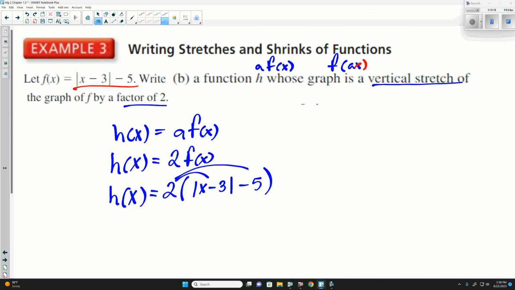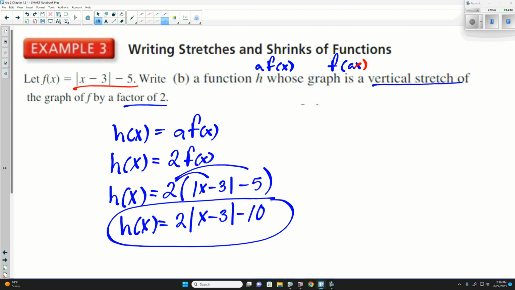Because instead of multiplying through by just the negative, we'll multiply through by the 2. Now the 2 will not go inside the absolute values. It'll stay out front. So we'll just have 2 times the absolute value of x minus 3. Now we need to do 2 times negative 5, which is negative 10. And that's it.